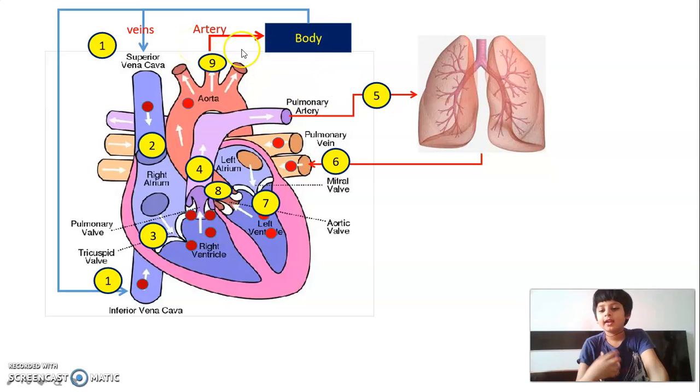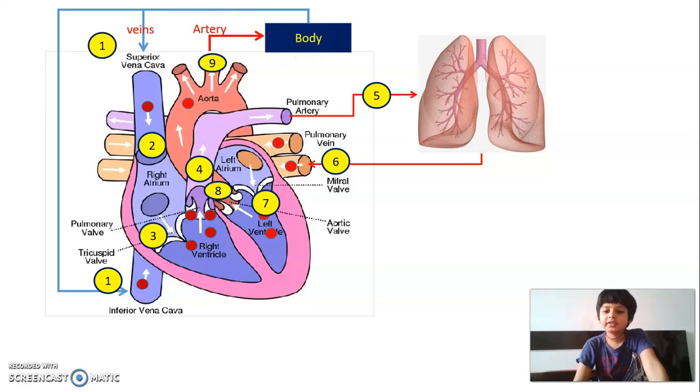So this is the task the heart has: to receive all the bad blood through veins, let it get oxygenated through the lungs, and then push the fresh blood to the body through arteries.